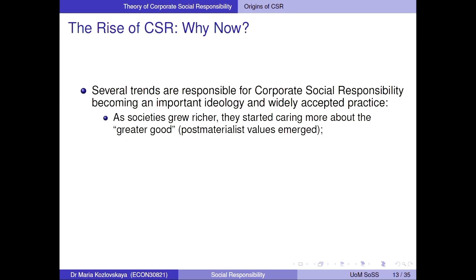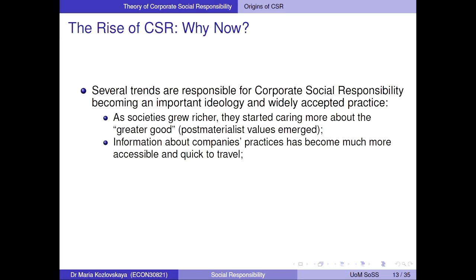These new values are known as post-materialist values. And they did change consumer attitudes a lot. And this is why business strategies such as fair trade are very profitable, because consumers are happy to sacrifice their money to serve the greater good.